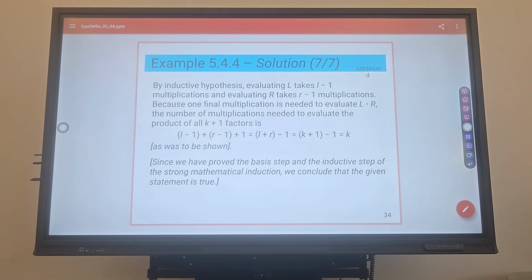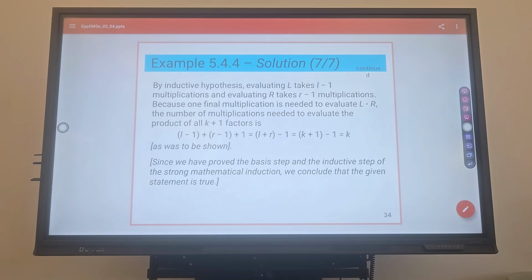By inductive hypothesis, evaluating big L takes little l minus 1 multiplications, and evaluating big R takes little r minus 1 multiplications. Because one final multiplication is needed to combine big L and big R, the number of multiplications needed to evaluate the product of all k plus 1 factors is k.